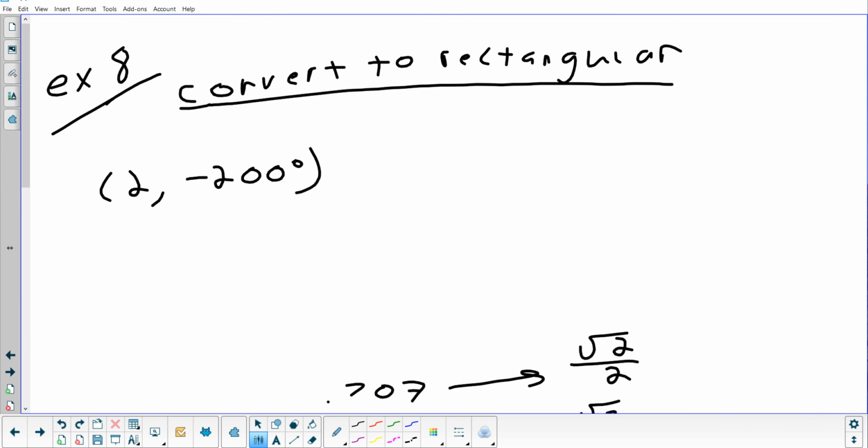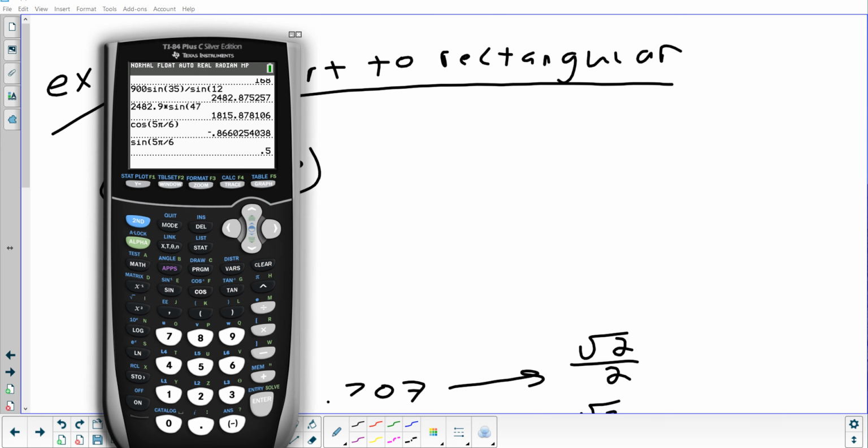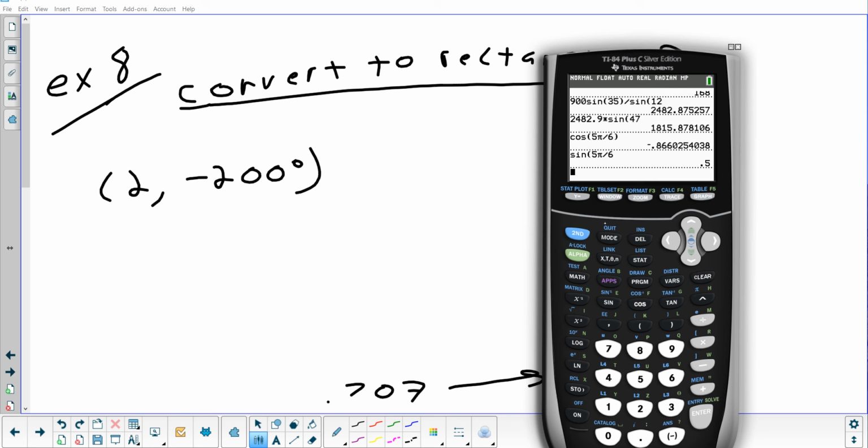Now, this one is not a multiple of 30. It's not a multiple of 45. So you're just going to type it in and see what you get, and you're going to round. I can show it to you. Take the cosine of negative 200. 0.487. That's not a special number.